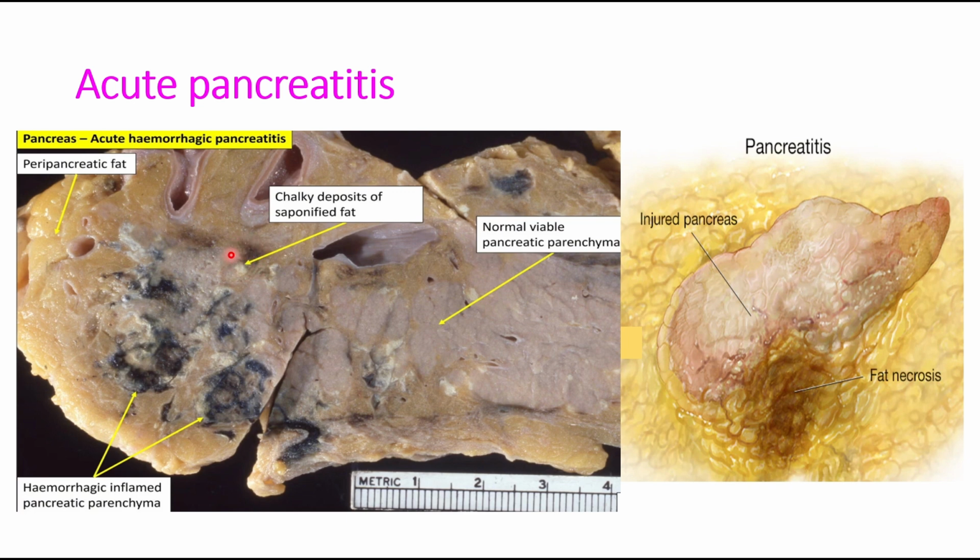This whitish deposit is chalky deposits of saponified fat, and here we can see the pancreas surrounded by peripancreatic fat, and this is injury to pancreas which is leading to fat necrosis.